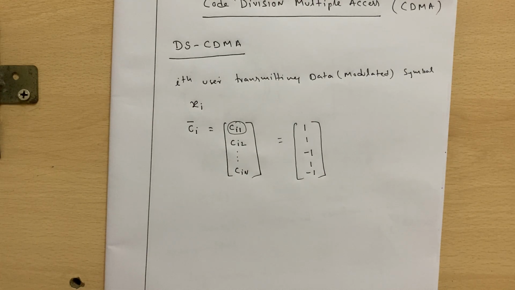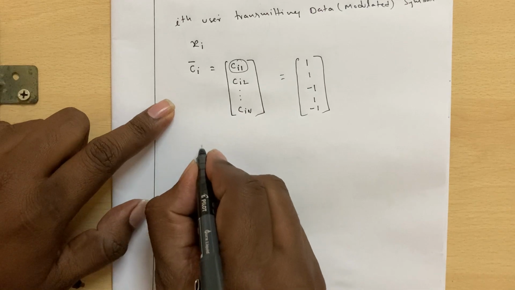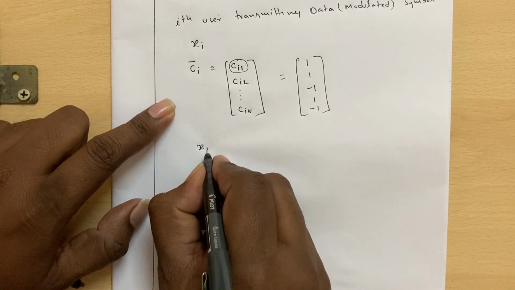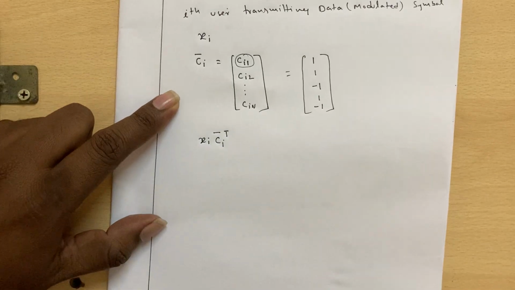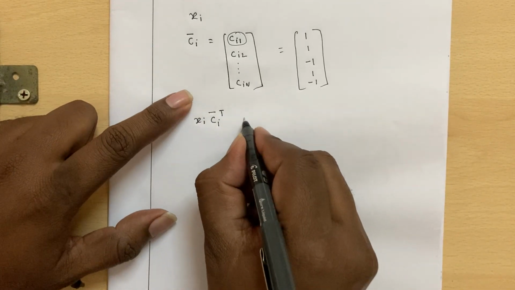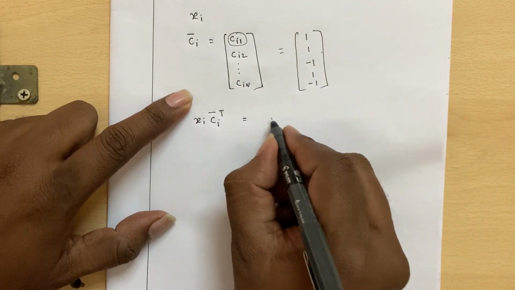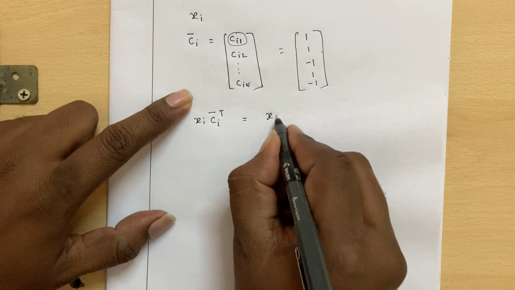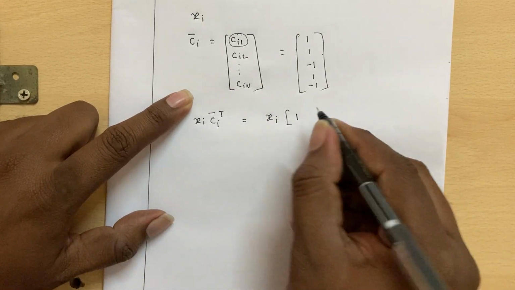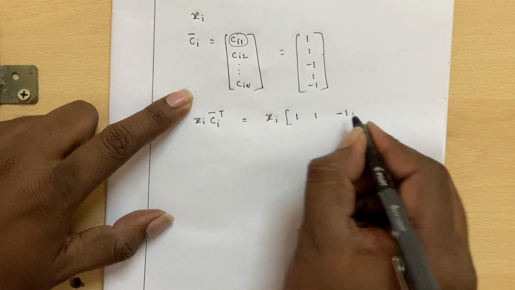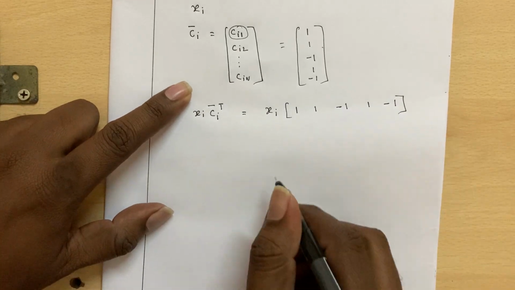What the user does is multiply this code word with the data symbol and transmit it. For example, if c_i is this one, it is x_i times the transpose of 1, 1, -1, 1, -1, like this.